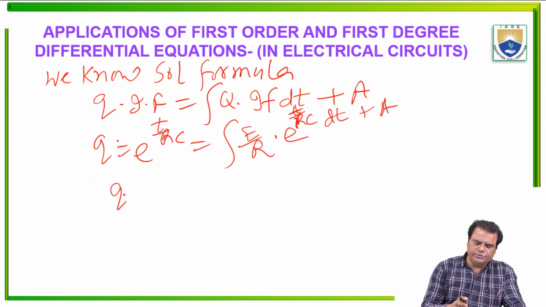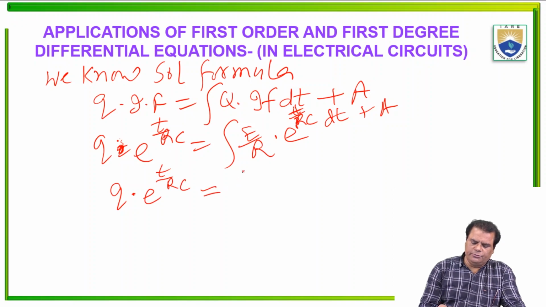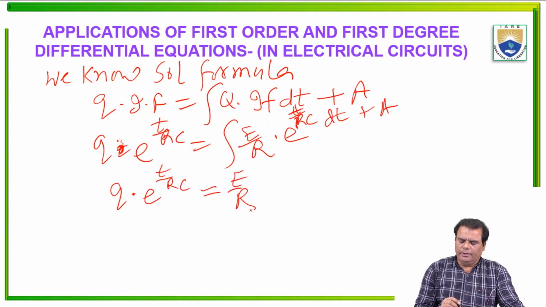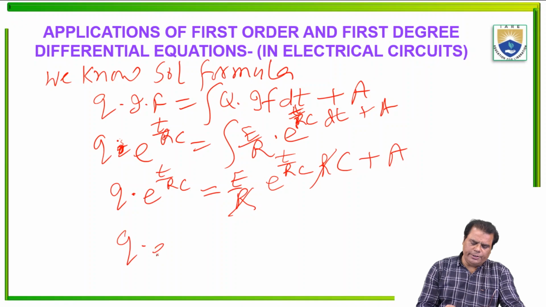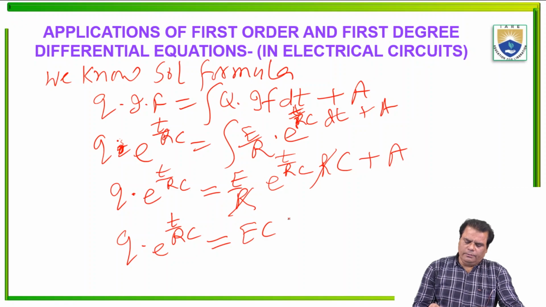Now q into e to the power t upon RC is equal to E by R, which is common. Now integrating e to the power t upon RC gives RC, R is cancelled, plus adding the constant A. So q into e to the power t upon RC is equal to EC e to the power t upon RC plus a constant.